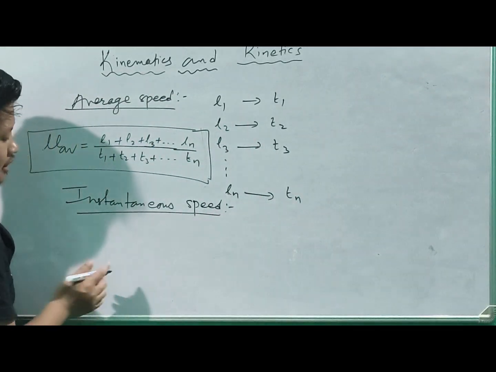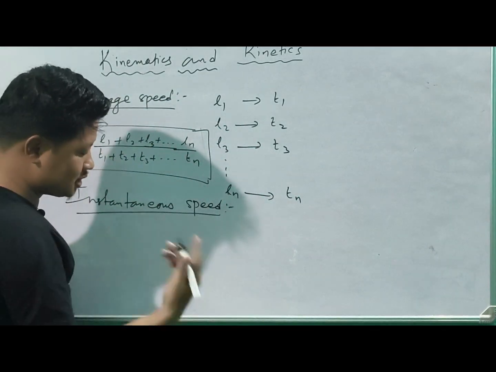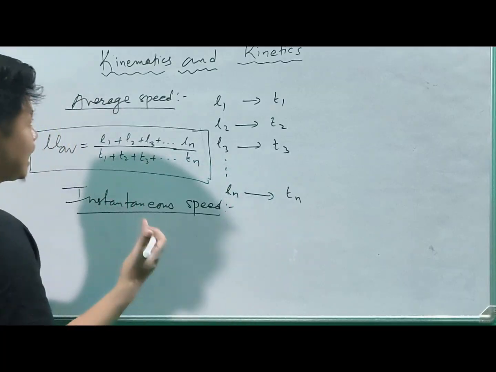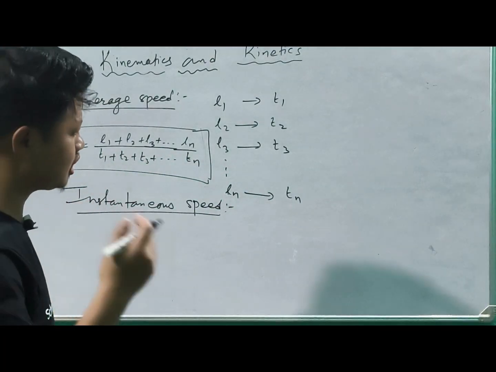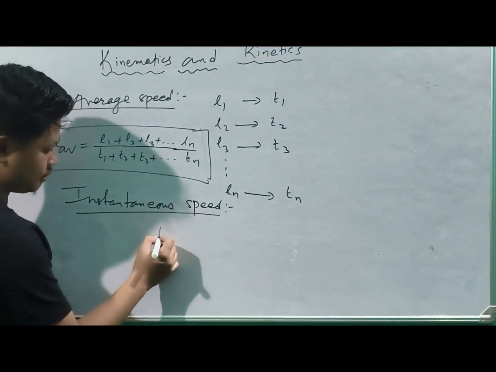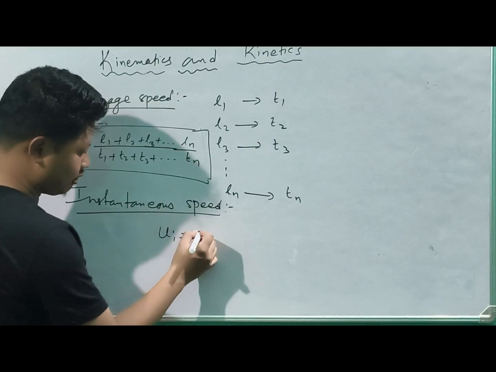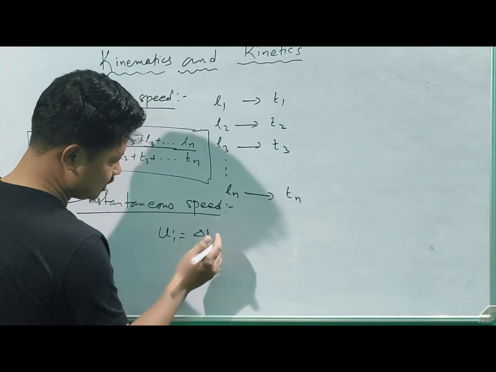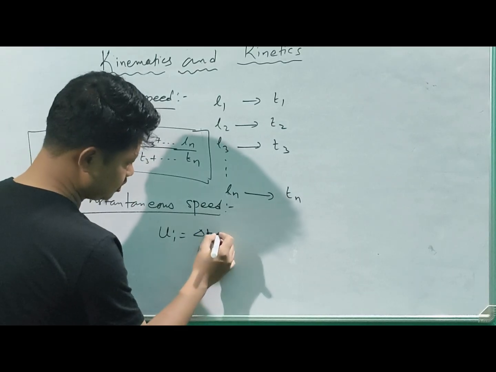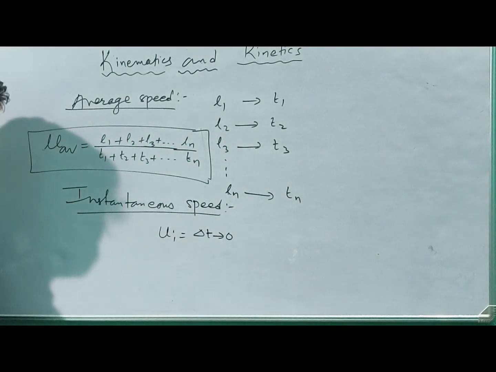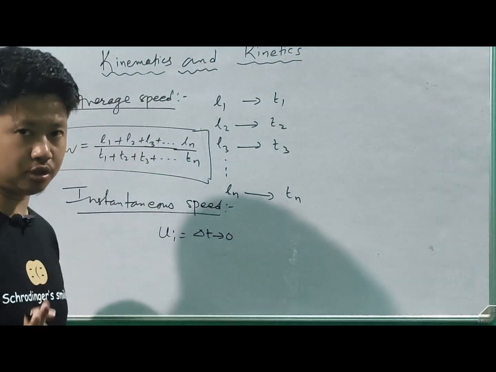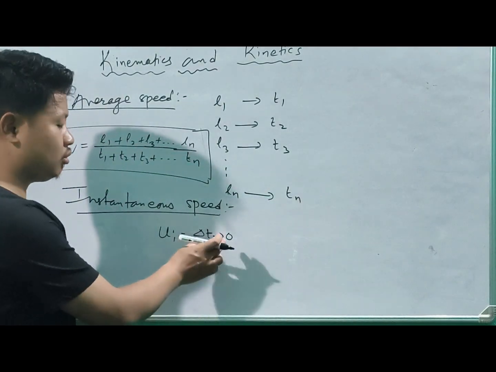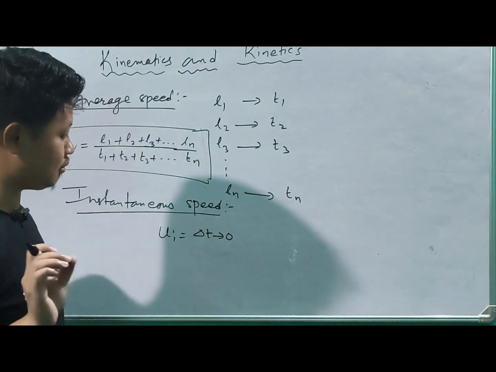For instantaneous speed, time will be almost zero. So to find the instantaneous speed, u_i, our time limit is tending to zero. That means time is almost zero but not zero. We don't count this as zero, but time will be very small.